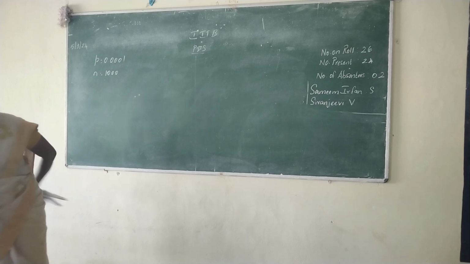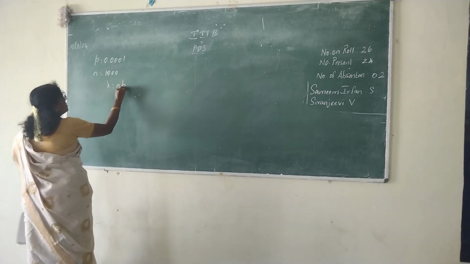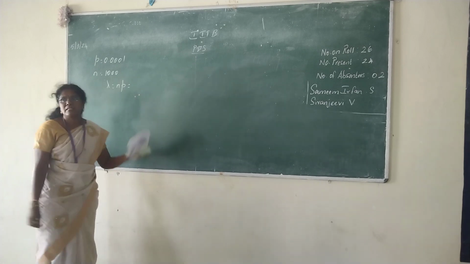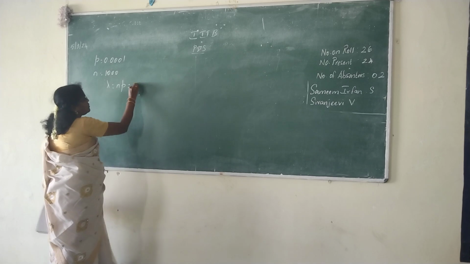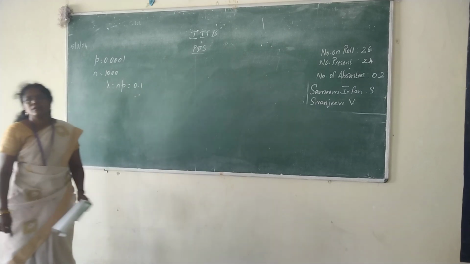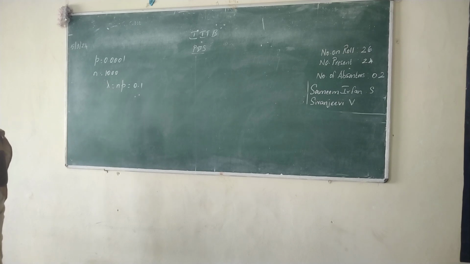So write lambda is equal to np. Find the answer. n is 1000 and p value is 0.001. So lambda is 0.1. Yes. Now we have got everything.